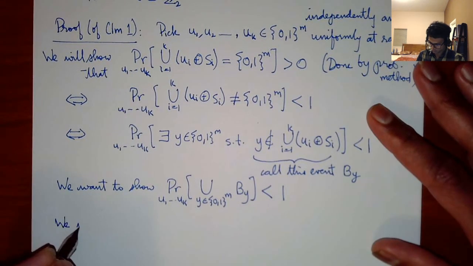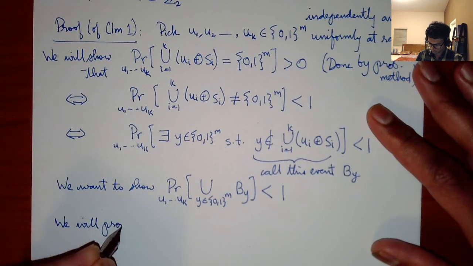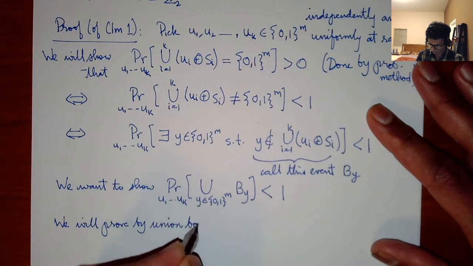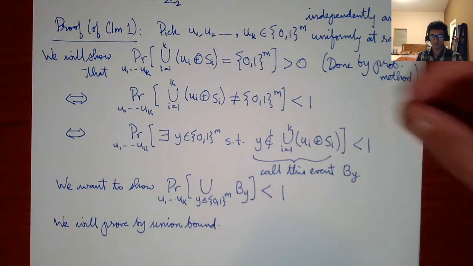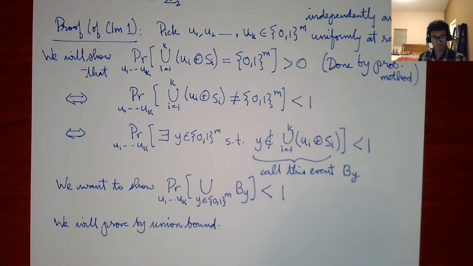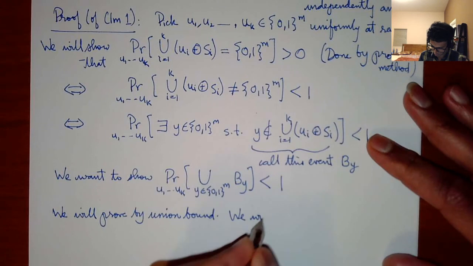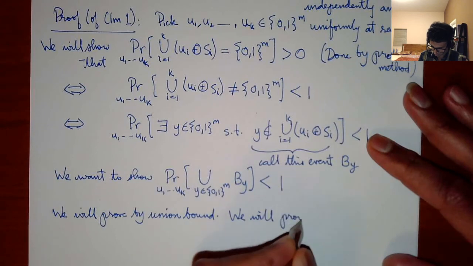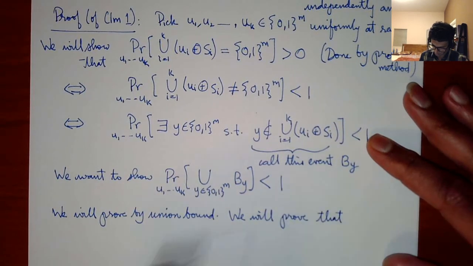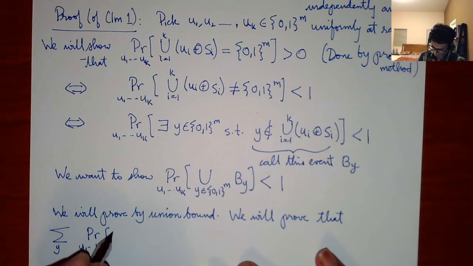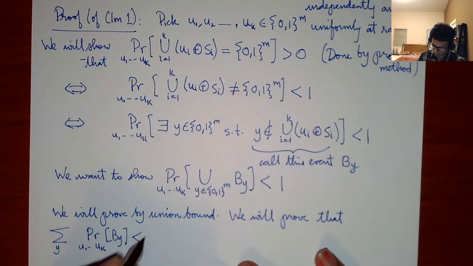We will prove this by the union bound. What we will show is that the summation over all y of the probability over u1 to uk is at most 1.